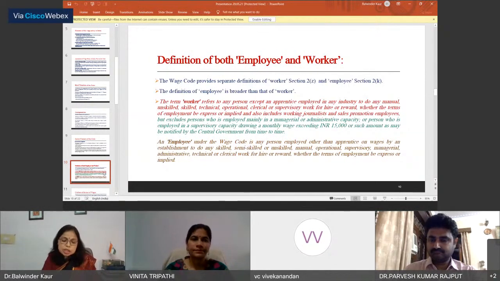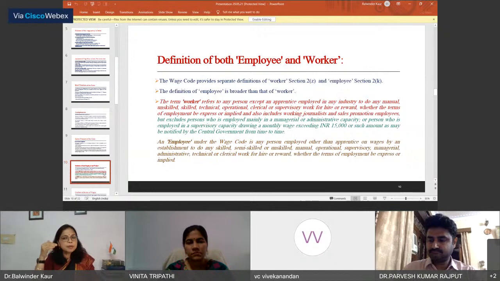Now, this led to a lot of confusion, leading to uncertain implication, ambiguous interpretation, and doubtful applicability. So the Code on Wages 2019 is unifying many such terms which are common to various laws by giving them a common definition.